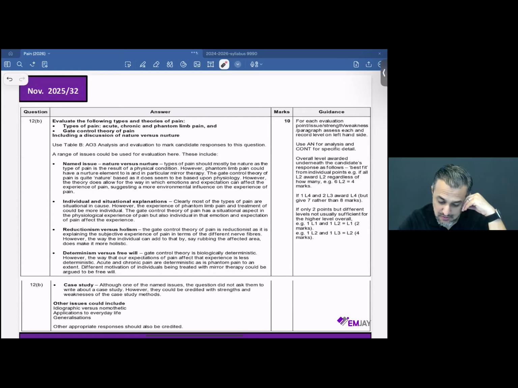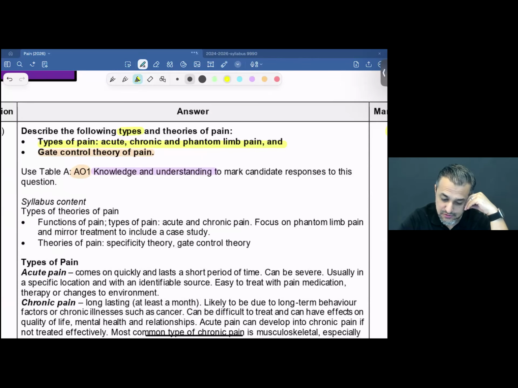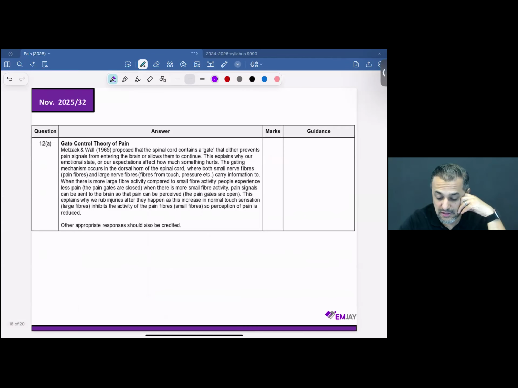See, over here in this particular question, the examiner hasn't mentioned the study by MacLachlan because it's an example study. But yes, you can use content.